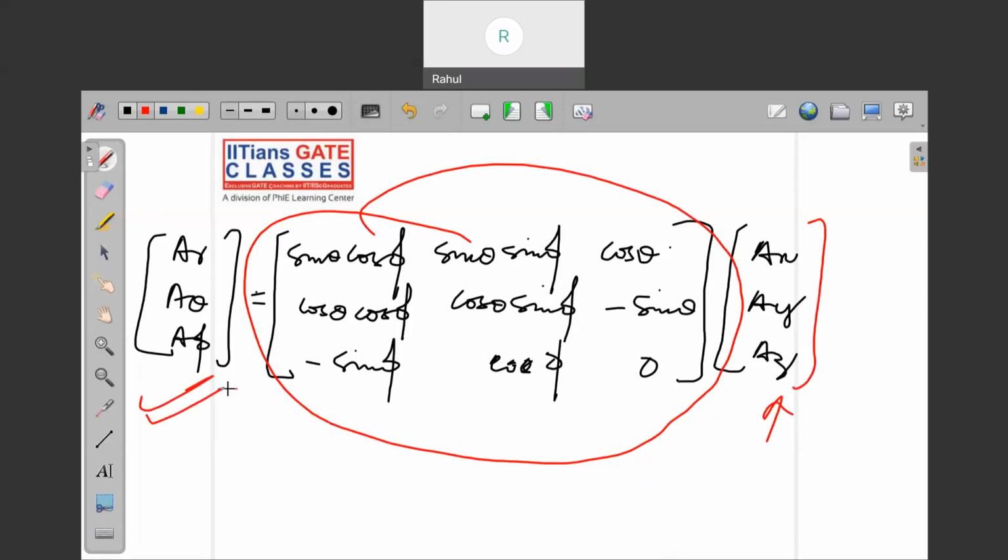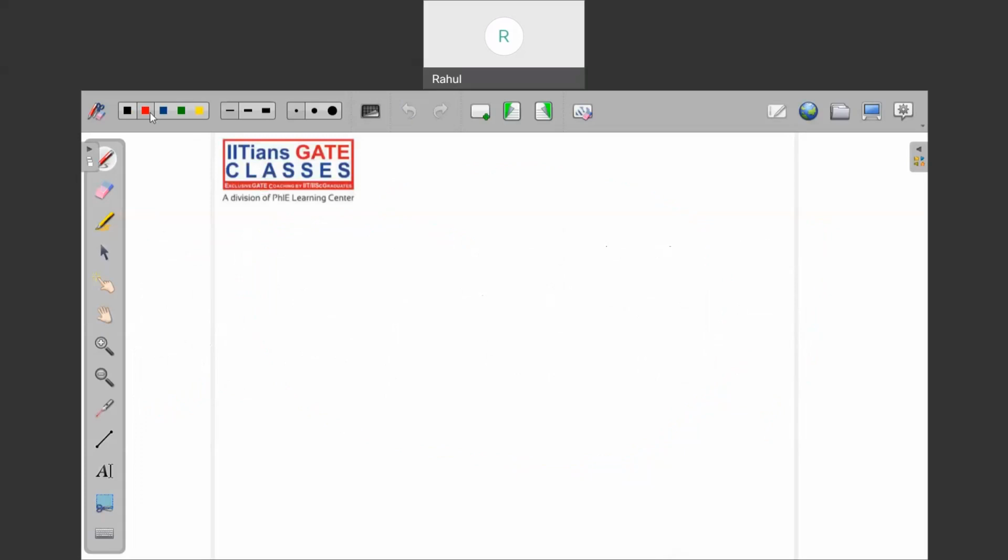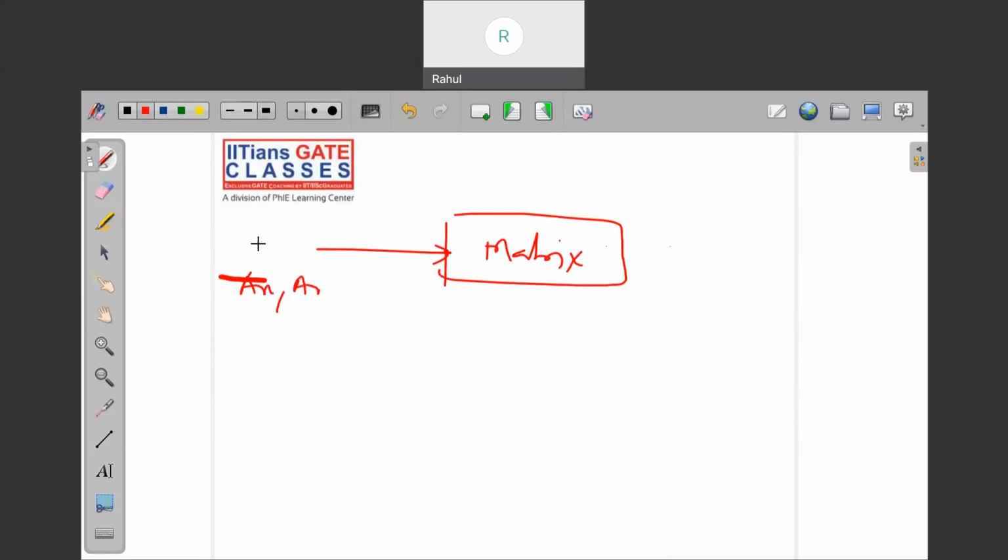Suppose the matrix is here, the conversion matrix, and you have to give input as Ar, A theta, A phi, and you have to get Ax, Ay, and Az, right?